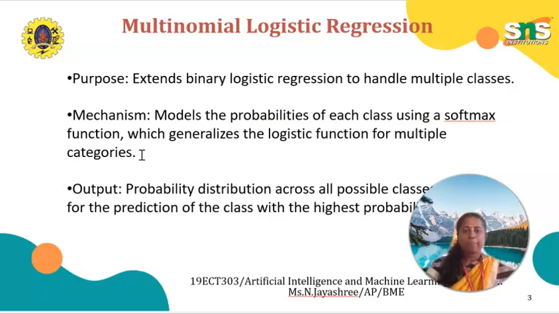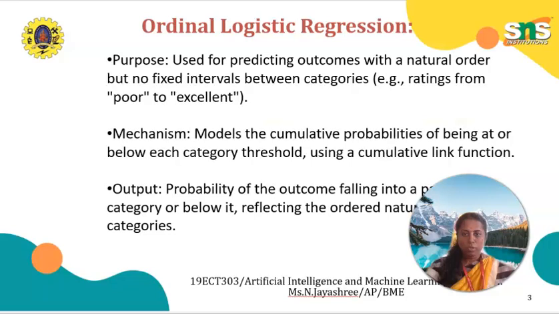Next one is ordinal logistic regression. Ordinal logistic regression is used for predicting outcomes with a natural order but no fixed intervals between the categories. The mechanism is based on the cumulative probabilities of being at or below each category threshold, using a cumulative link function.